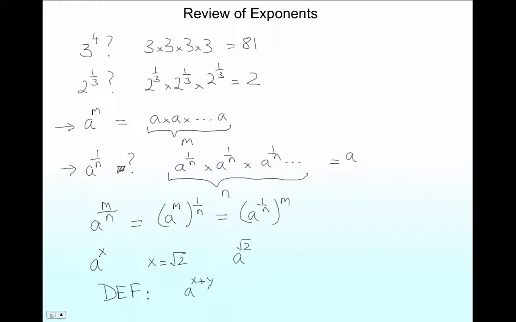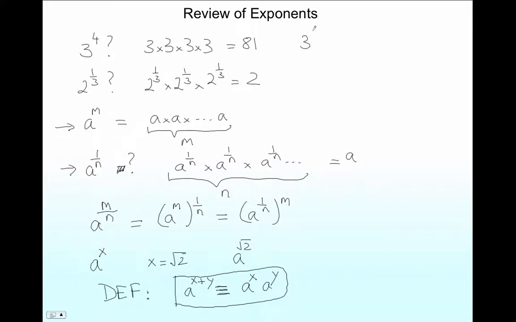We will say that a to the power x plus y is defined as being a to the x multiplied by a to the y. Of course, I could write it as a to the y, a to the x, but that's the same thing. So here's the definition. Now you can see, for example, that it's consistent with what we've learned above.